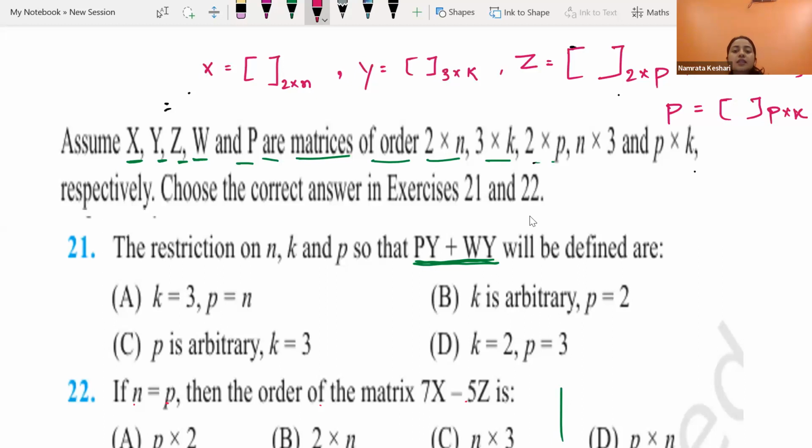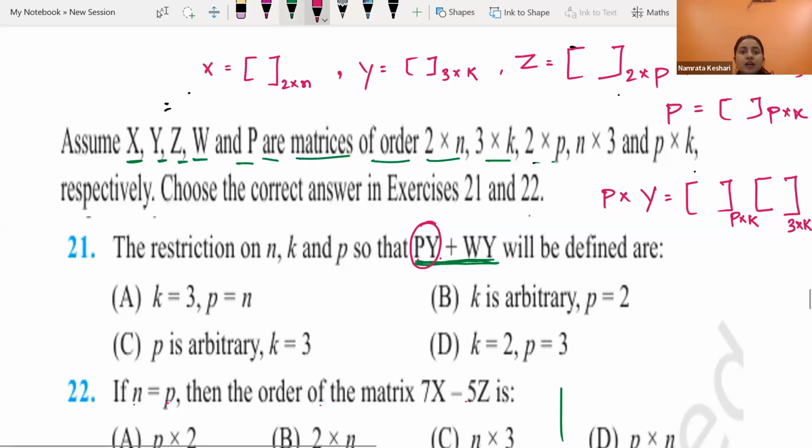Since here it is written that we have to take the matrix multiplication P with Y, when we are thinking about the multiplication between matrices, one condition needs to be fulfilled. Do you know that condition, Kiran? Oh yeah, the columns should be equal to the rows in the other matrix.